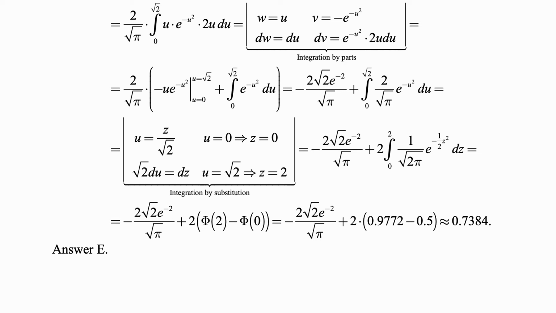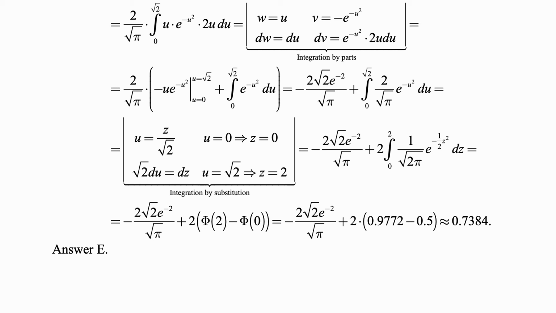Everything has a common factor of 2 over square root of pi, so we'll leave it there. And this becomes minus u times e to the minus u squared evaluated from u equal to 0 to u equal to square root of 2, plus the integral from 0 to square root of 2 of e to the minus u squared du. Okay, so we have minus 2 square root of 2 e to the minus 2 over square root of pi, plus the integral from 0 to square root of 2 of 2 over square root of pi times e to the minus u squared du.